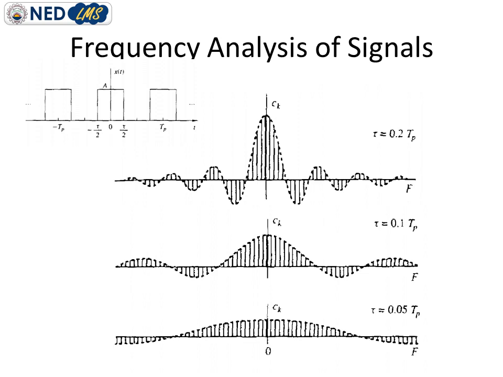lobe width is inversely proportional to the pulse width, which you can see from the graph. As the pulse width is decreasing, the lobe width is increasing. The central lobe is wider as we decrease the pulse width.